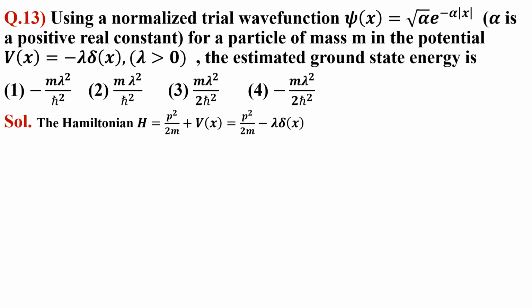Solution. The Hamiltonian H equals p squared by 2m plus V of x, which equals p squared by 2m minus lambda delta x.